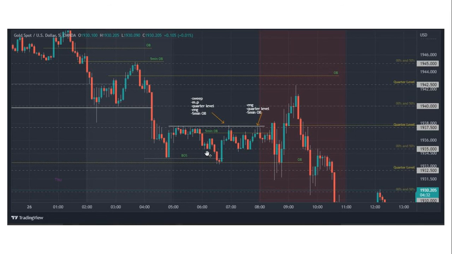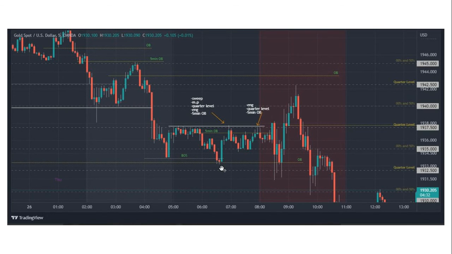Now, remember when I said if there's a resistance level below the 5-minute order block, then I would look for 5 confirmations instead of 6 confirmations. The reason why this doesn't qualify as a solid pullback for me is because when you zoom in, this bullish candle goes below this bullish candle right here.